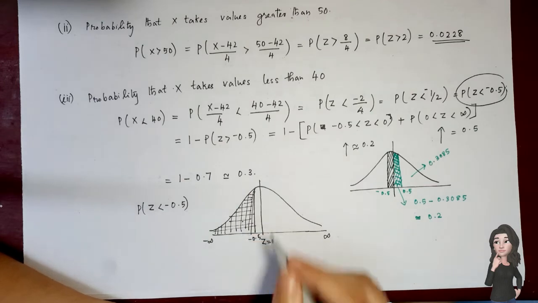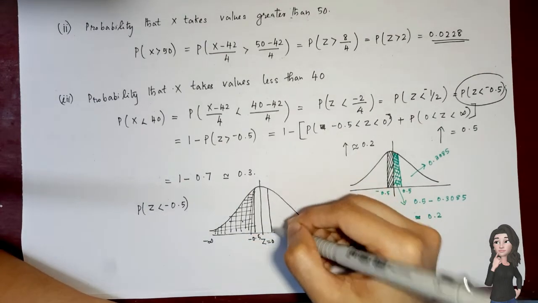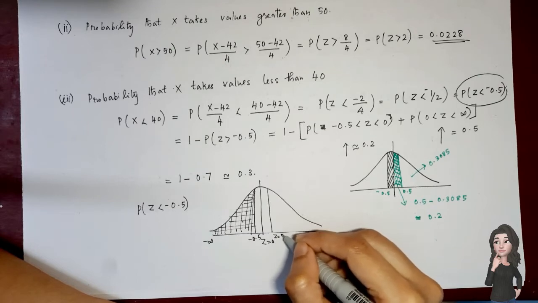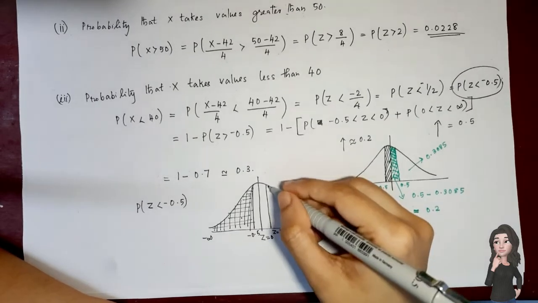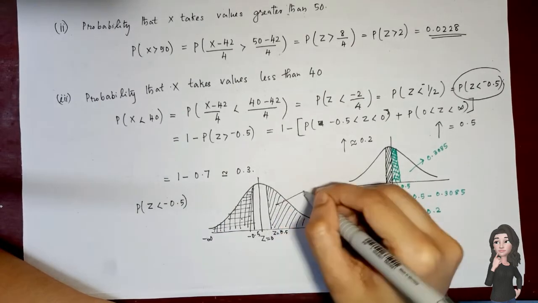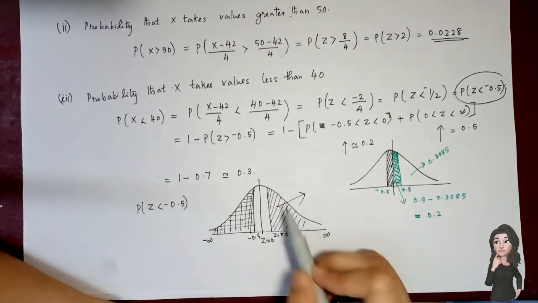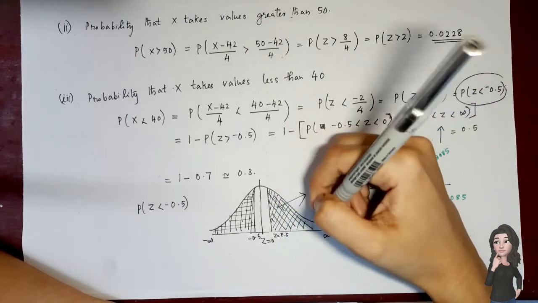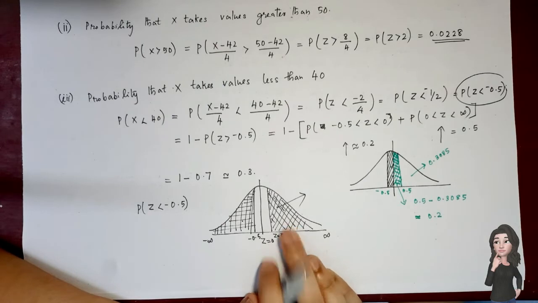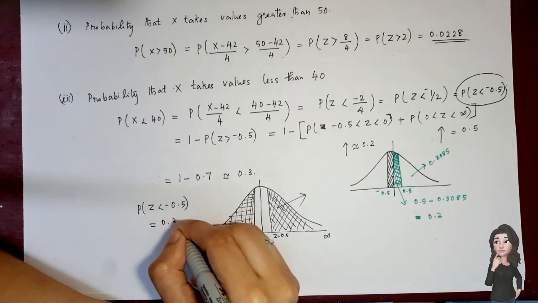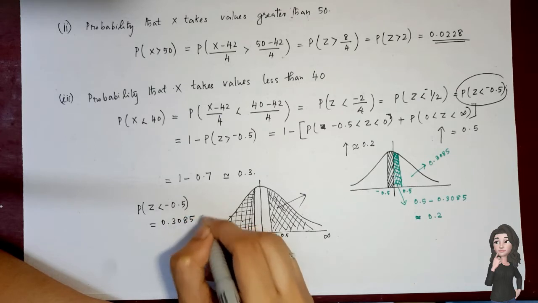This area is equivalent to z equal to 0.5 and this area. So I can find the probability corresponding to this area, and the probability is 0.3085.